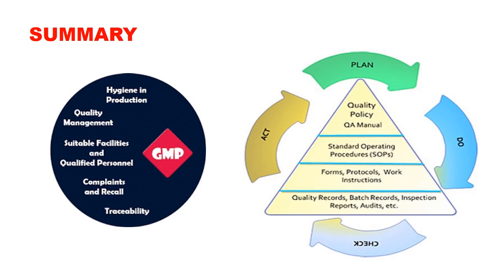GMP is an important part of quality control in dairy products, and this includes the implementation of HACCP and sanitary practices. In the diagram on the right side, we can see a cycle: planning, doing, checking, and again acting on the defects. It includes quality records and batch records at the bottom, then forms, protocols, work instructions, then SOPs, and then quality policy and quality assurance. Thank you.